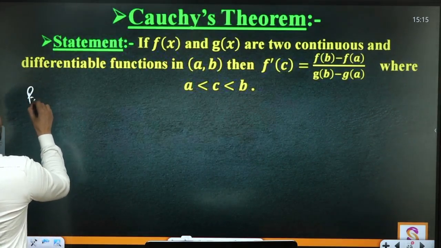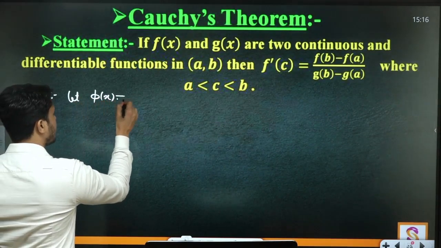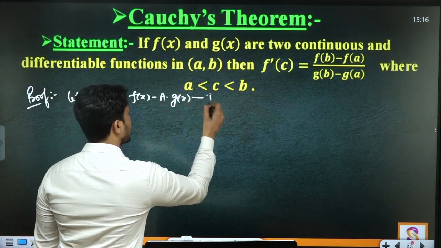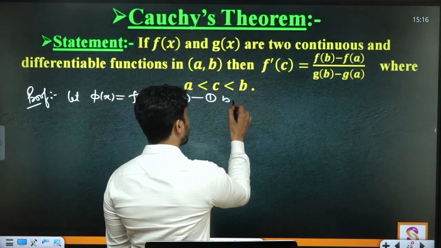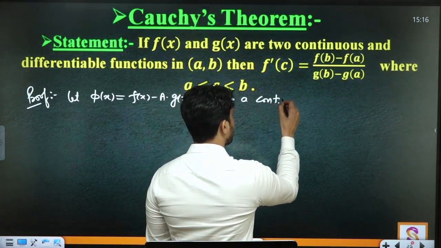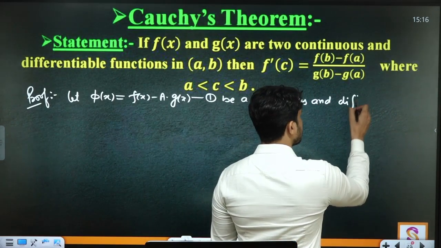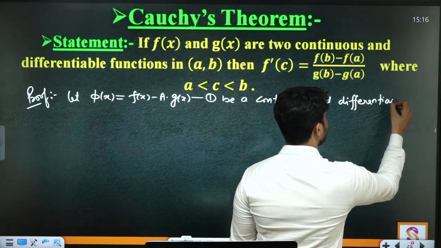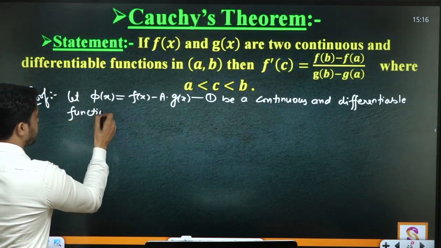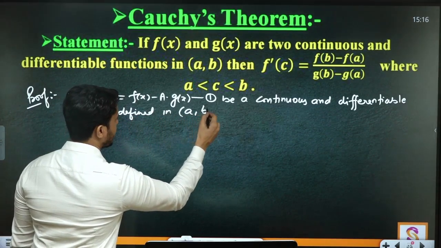Yes, proof. You will see, let phi x equal fx minus a times into gx be a continuous and differentiable function defined in the interval a comma b.